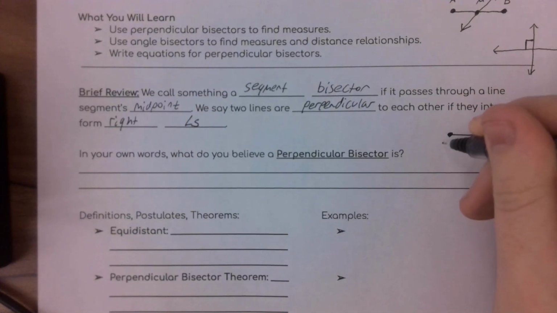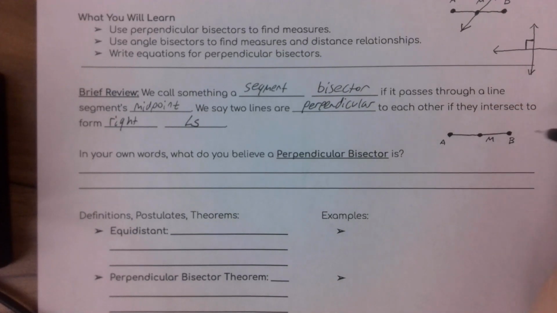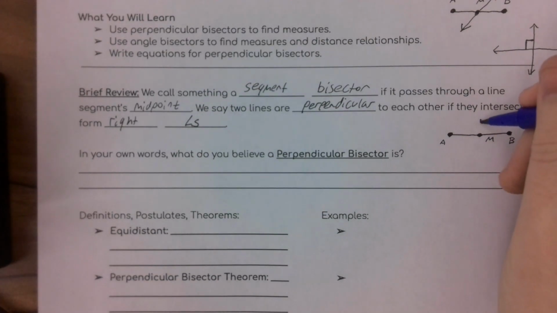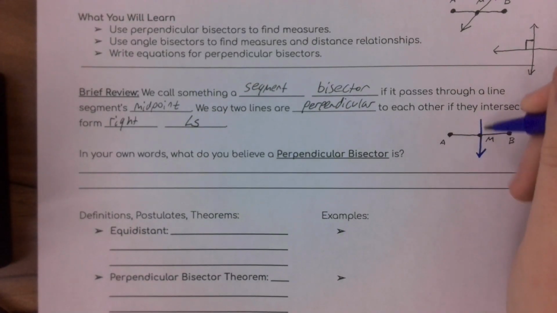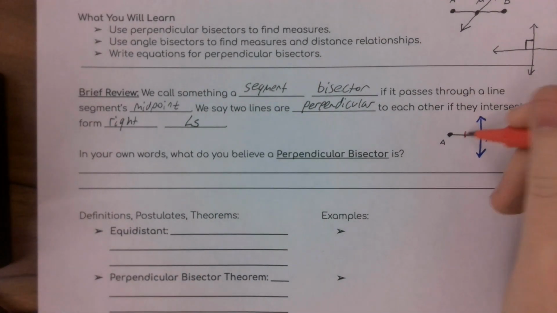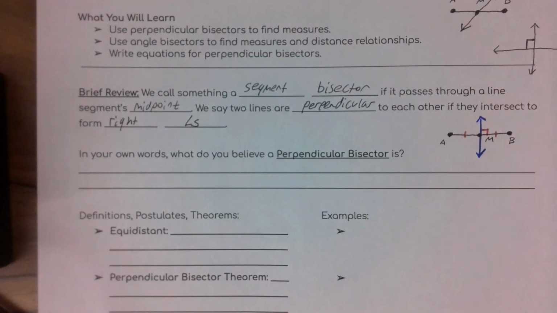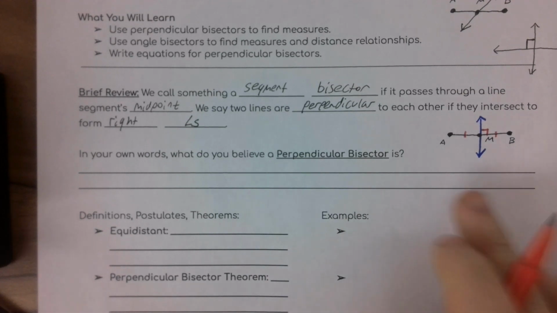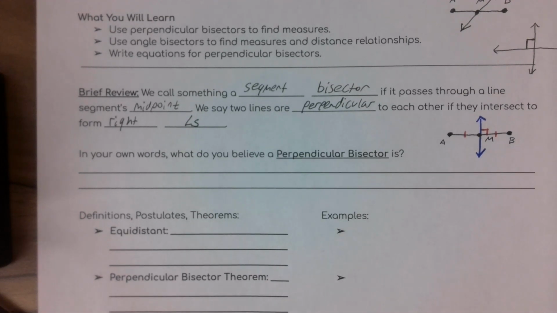Well, it means that, for one, if we have a line segment here, it should cut this line segment in half, meaning it goes through the midpoint. So these two sides will be congruent. And I think it should cut it in such a way that it makes a right angle. This is what a perpendicular bisector is. It is something that both cuts a segment in half and makes perpendicular lines.